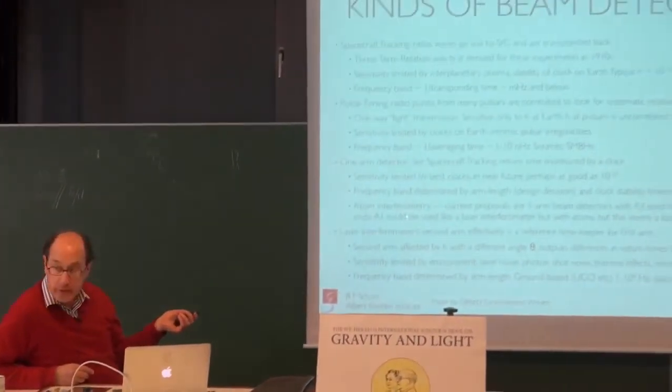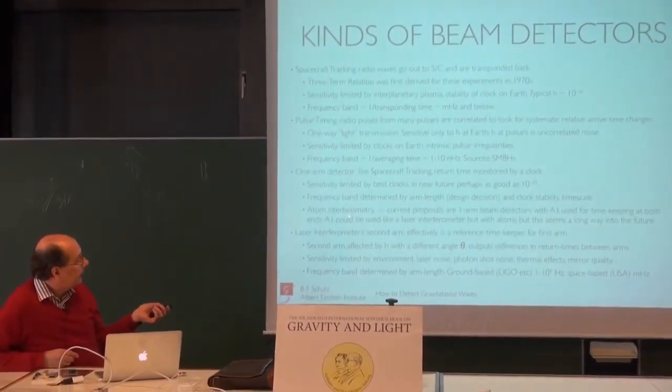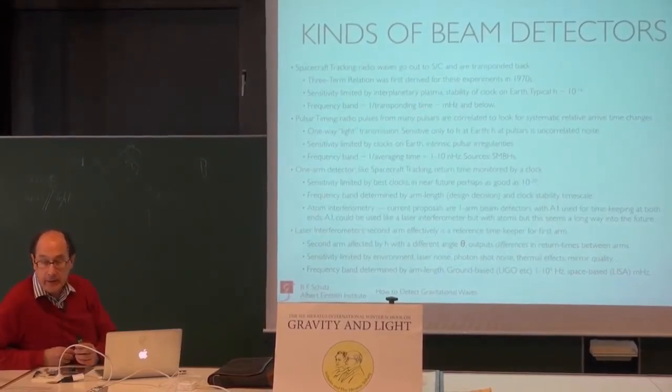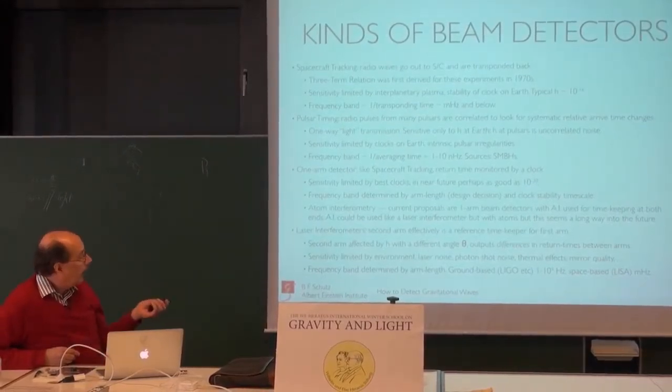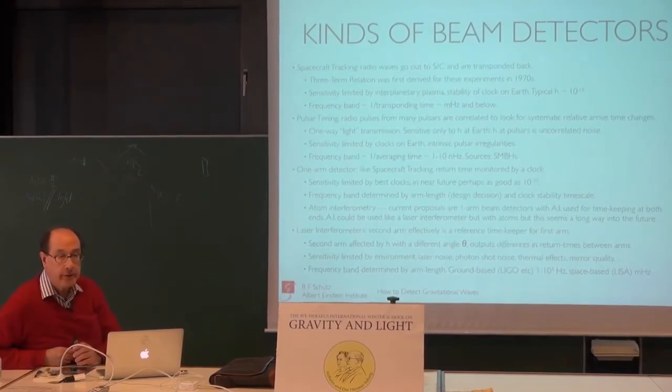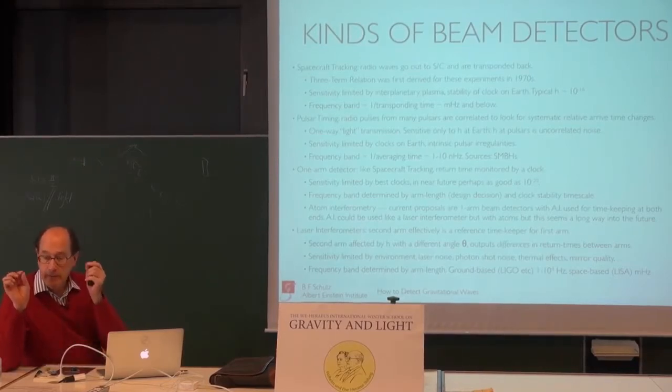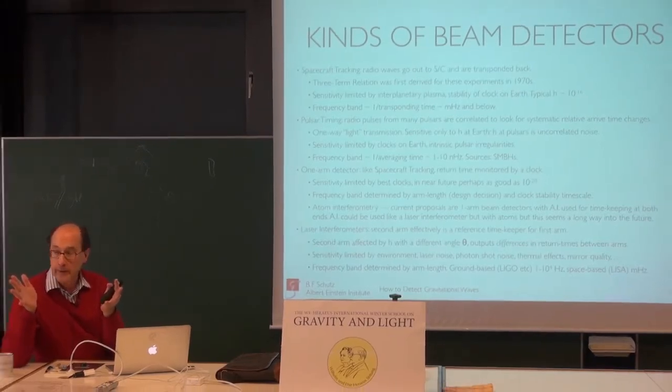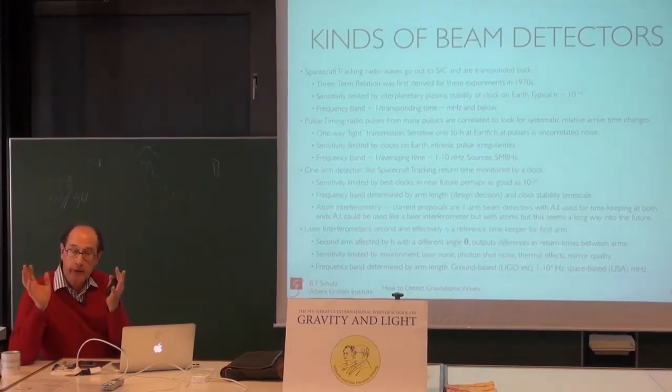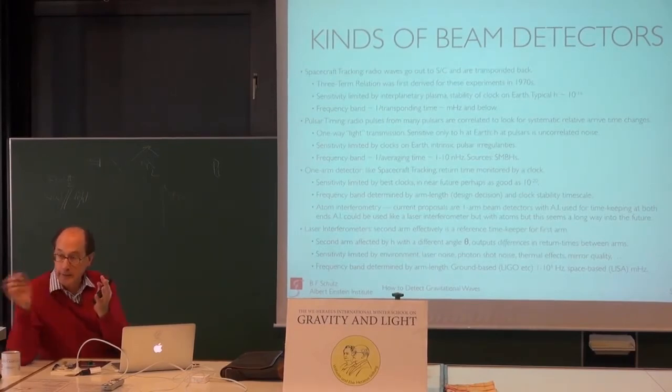But the next paragraph is relevant to that, because there's a lot of discussion right now of atom interferometry for gravitational wave detection. Now, you know that atoms and particles are, at a quantum level, waves. There's the wave-particle duality, and so you can imagine constructing an interferometer in which the medium that's being interfered is not light, but is atoms.